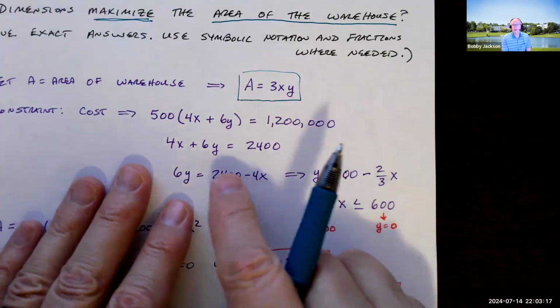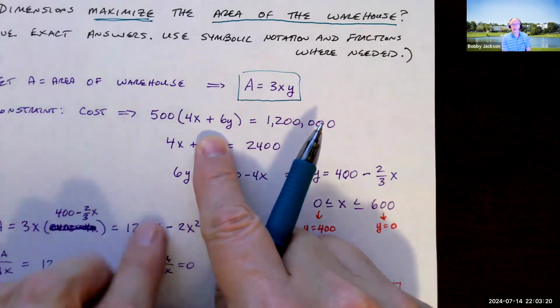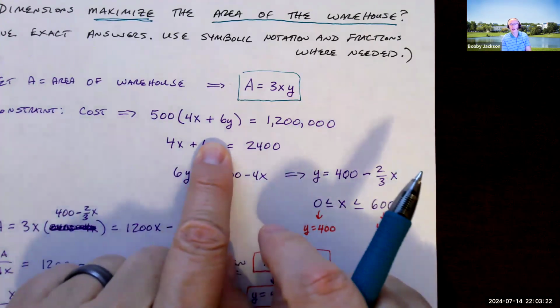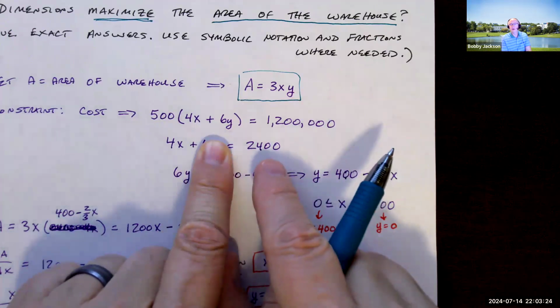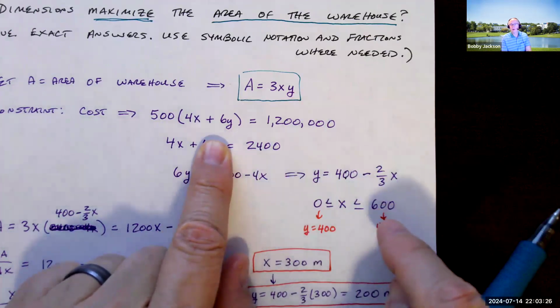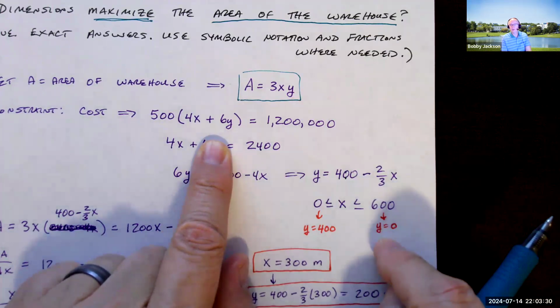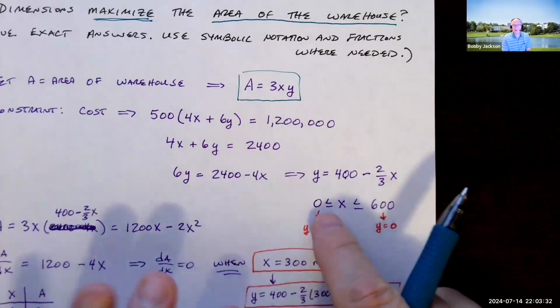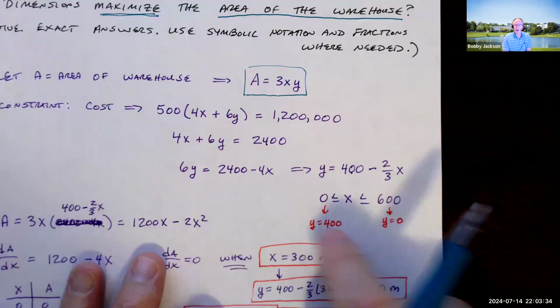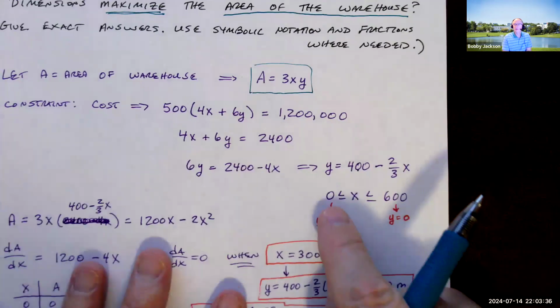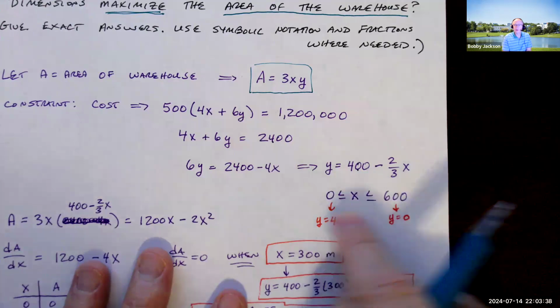And in that case, if y goes to 0, notice 4x is 2400, and if I divide 2400 by 4, I get 600 for x. Of course, that's when y is 0. So x ranges anywhere from 0 to 600. Of course, y ranges from 0 to 400. But since I solved y in terms of x, there's the restriction.